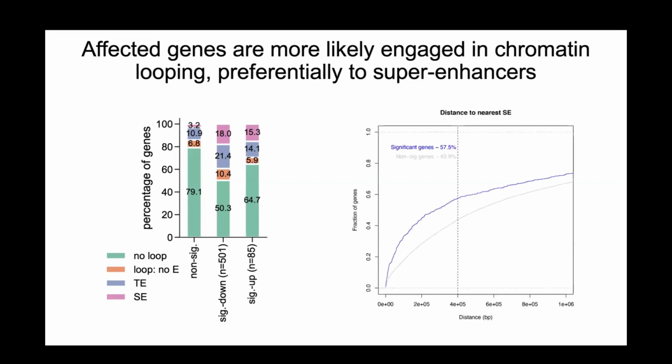They're also more likely to be associated with super enhancer sites in the genome, at least in terms of genomic distance, which fits this idea that these are lineage determining genes in proximity to super enhancers, and they may be more super enhancer dependent.